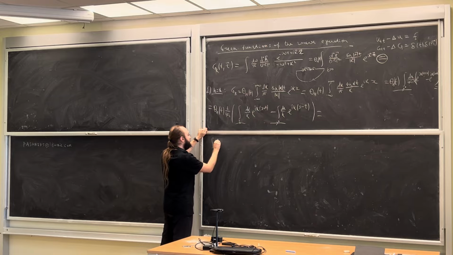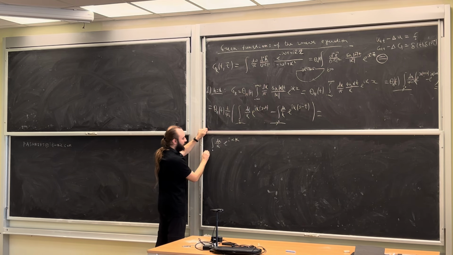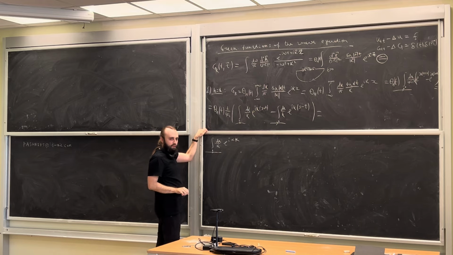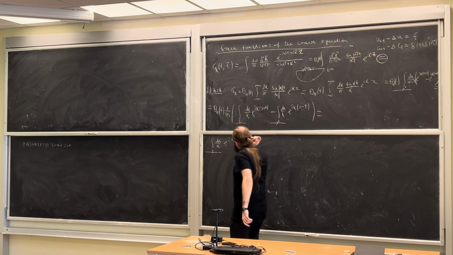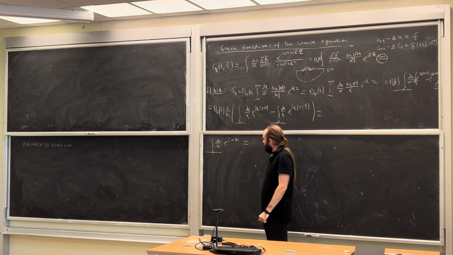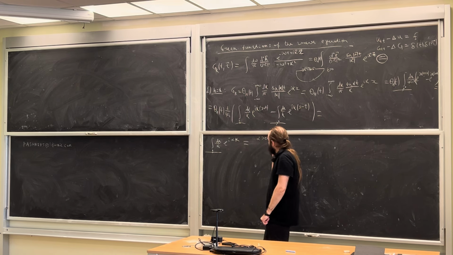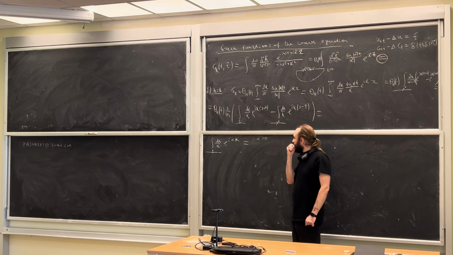So we want to compute the integral dk over k, e to the i alpha k, over this contour. What does it equal if alpha is real, or if alpha is positive? How can we close this contour?